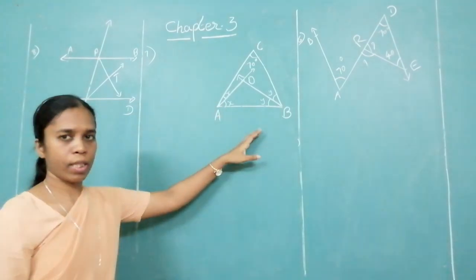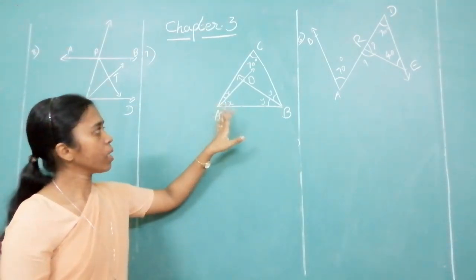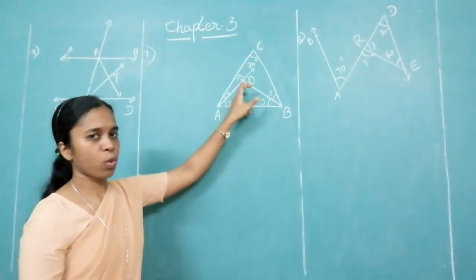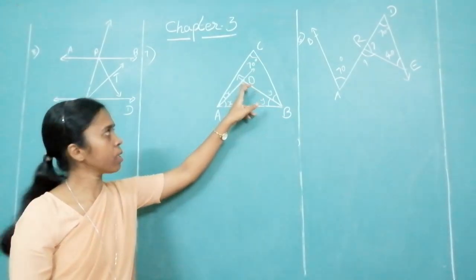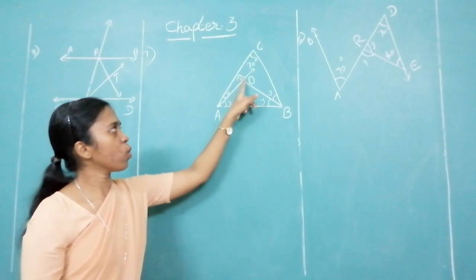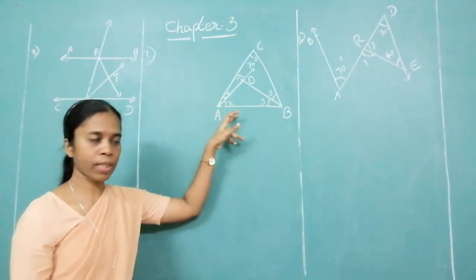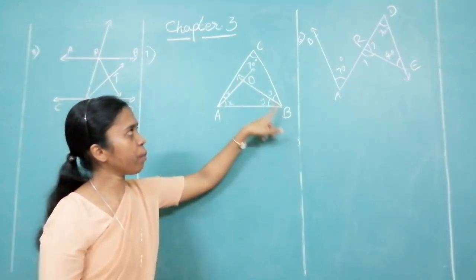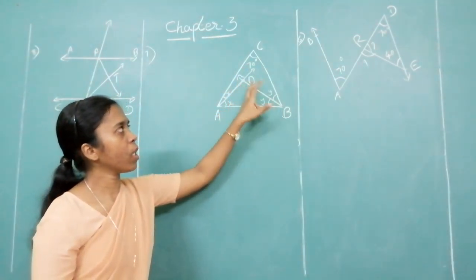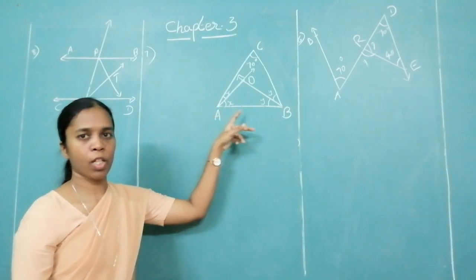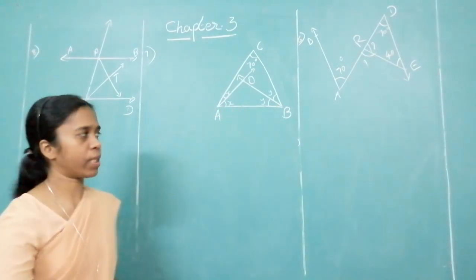So please write that step. Since AO and BO are angle bisectors, angle CAO and angle OAB are equal to x. Similarly, angle CBO and angle OBA are equal to y since they are angle bisectors.